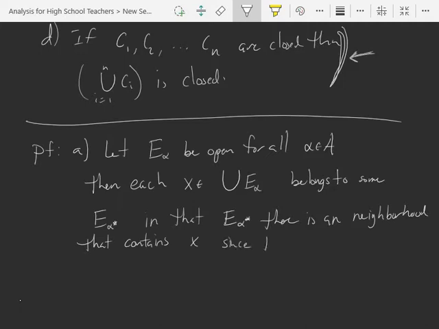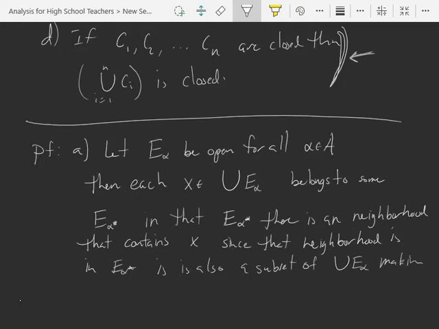Since that neighborhood is in E sub alpha star, it is also a subset of the union of the E sub alphas, making x in the interior of the union.